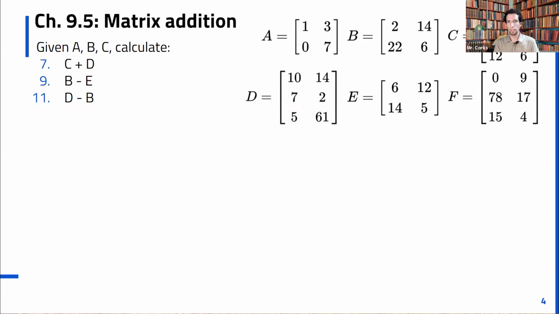Okay. So the first operation is telling us to do matrix C plus matrix D, and we have C here and D here. So let's write these out. So C is 1, 5, 8, 92, 12, 6. All right, and D is 10, 14.